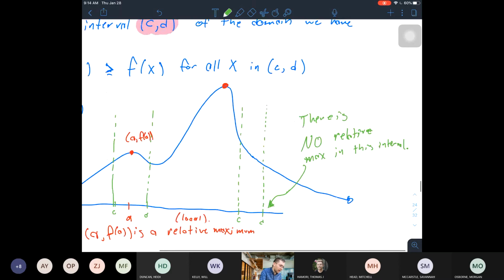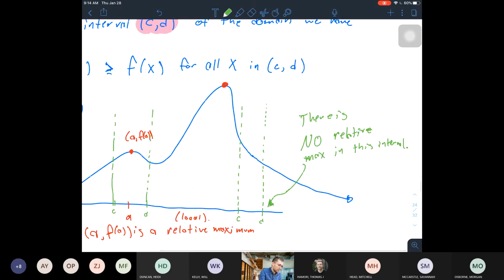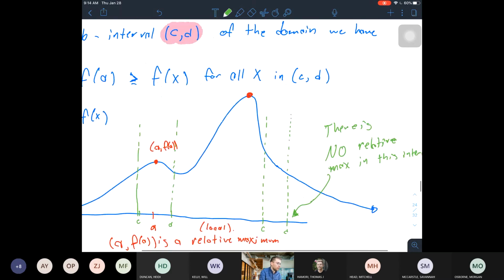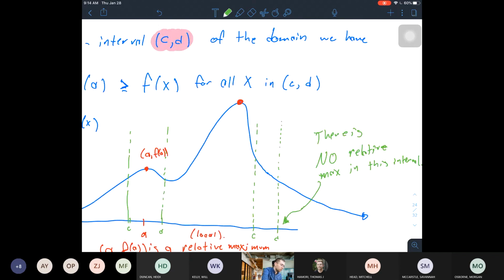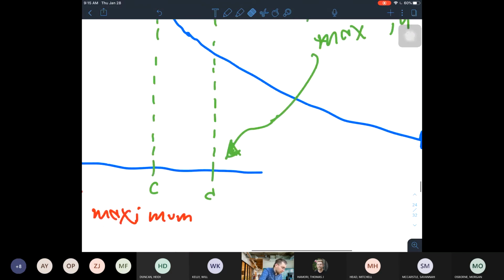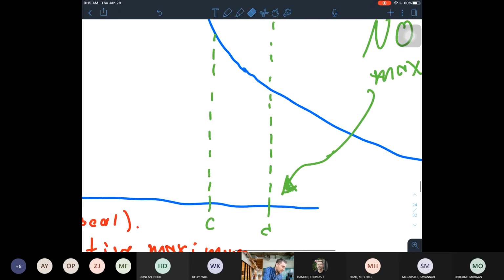And here's why. The interval (c, d), which we chose, is going to be an open interval. So what that means is that this domain that we have does not include c and d. It's just the stuff that's in between.